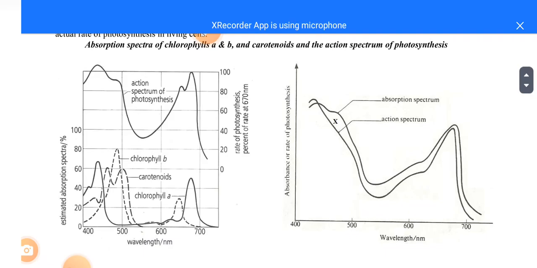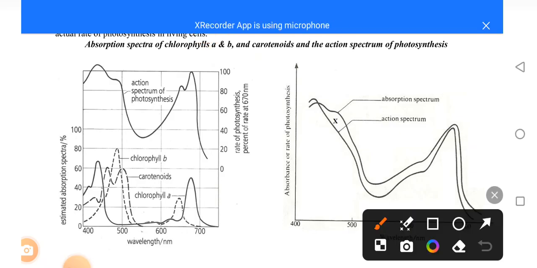Then we have the absorption spectrum, this one. This color in here is the absorption spectrum. Down here we have the action spectrum. Then in the middle is the so-called no man's land. That part in the middle is called X. Without wasting time, let us go into details.